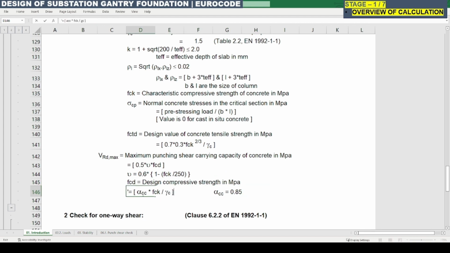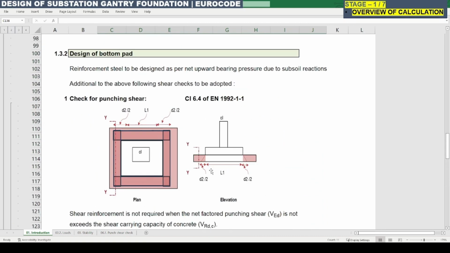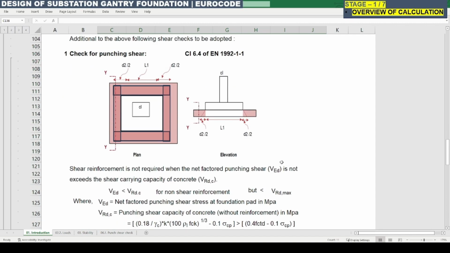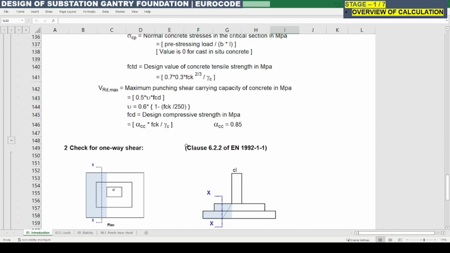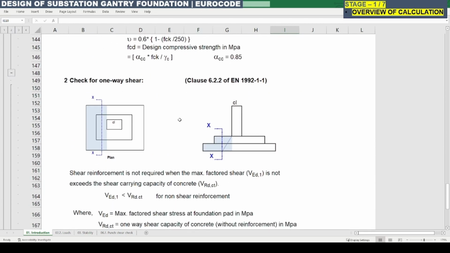This is the formula to find FCD: alpha CC into FCK divided by gamma C, where alpha CC is nothing but 0.85. These equations are already given in clause 6.4 of EN 1992 part 1 section 1. Anyway, we will look at this during our detailed calculation. So this is just an overview at this stage.